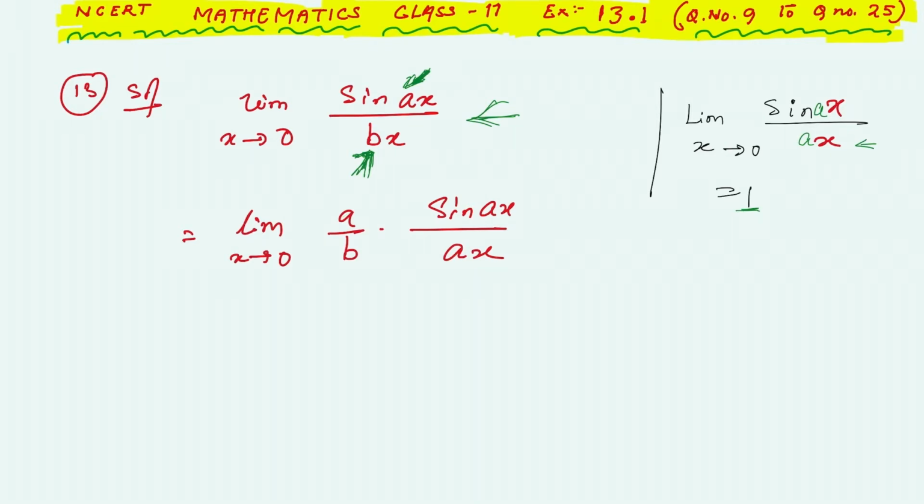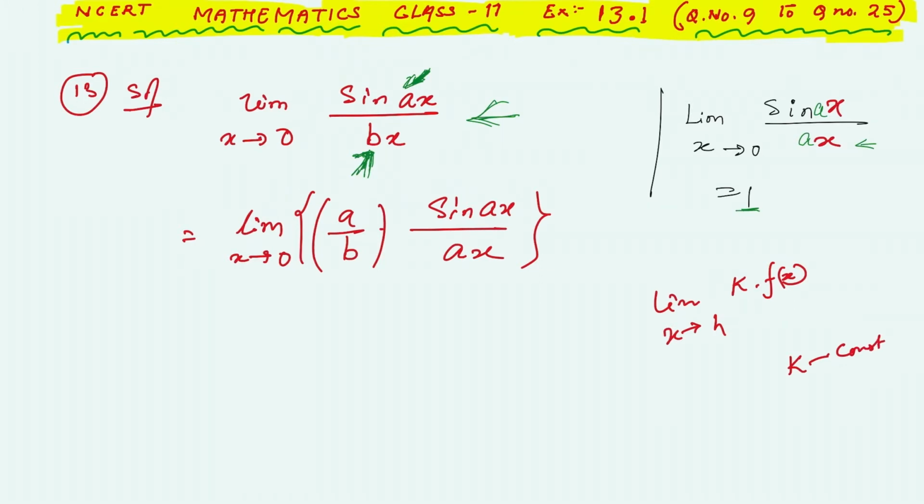We have already got this theorem that if, when x tends to something, maybe h or something, there is k into f(x), where k is a constant, then we can write the limit as k into the limit of f(x) as x tends to h, whatever the limit is.